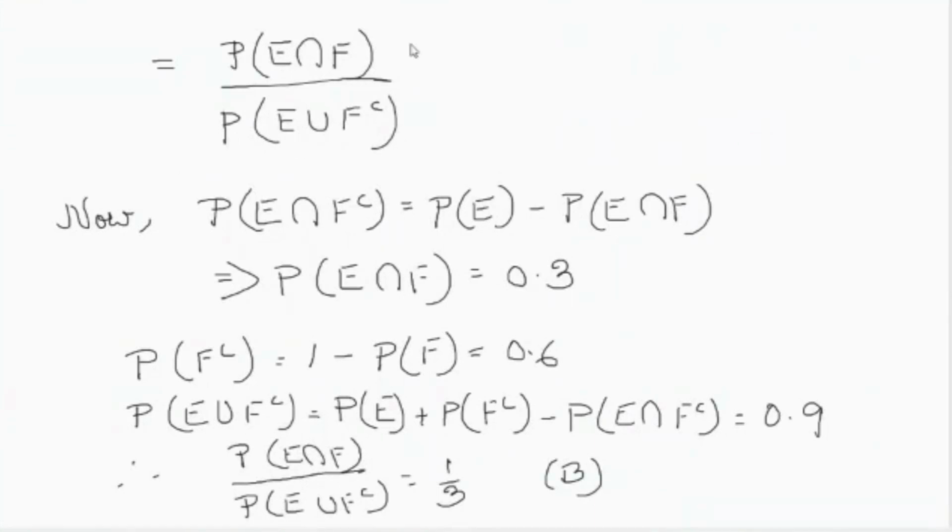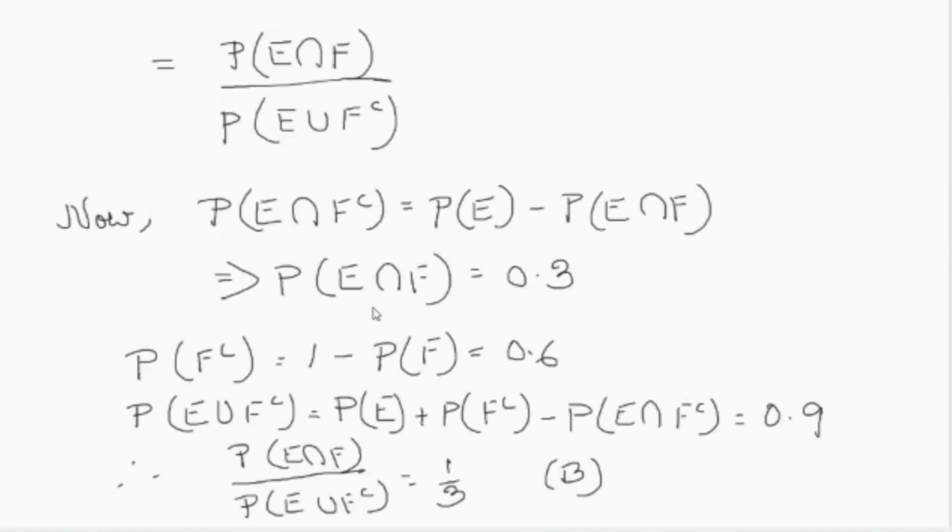So now we have to evaluate both the numerator and the denominator from the given information. So now probability E intersection F complement, we are provided with that. So that is equal to probability E minus probability E intersection F. And since we know two of these quantities in this equation, probability E intersection F comes out to be 0.3.